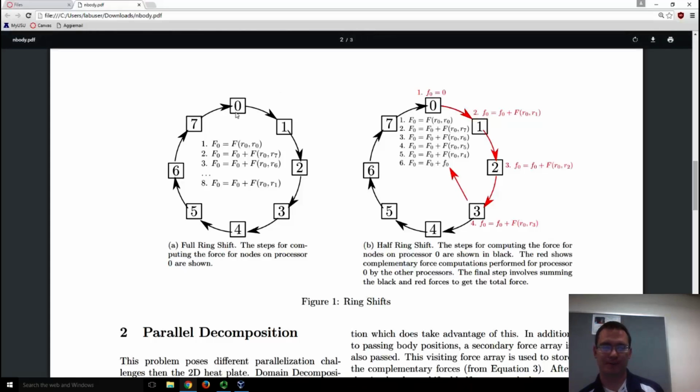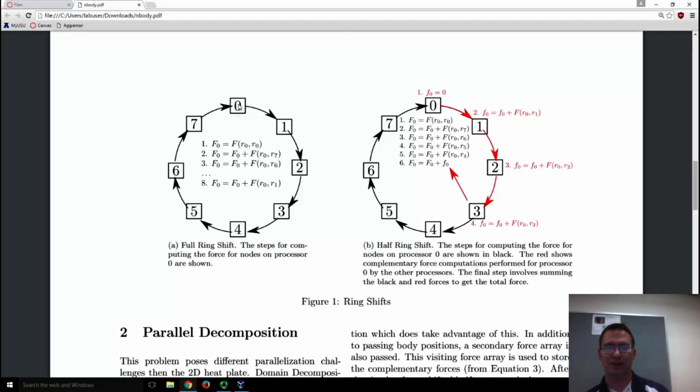Okay, so these diagrams take a little explaining, but each one of these squares is a processor, okay? And so processor 0, that's the one we're looking at. He owns, say, 10 bodies. All the processors own 10 bodies.